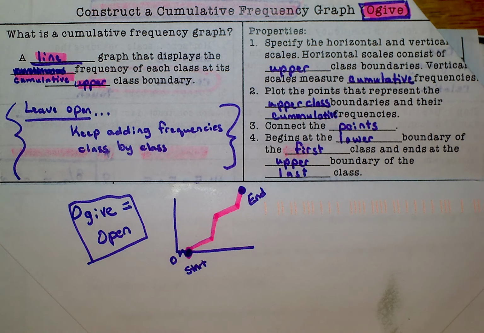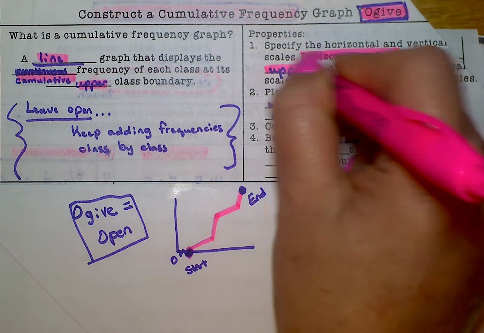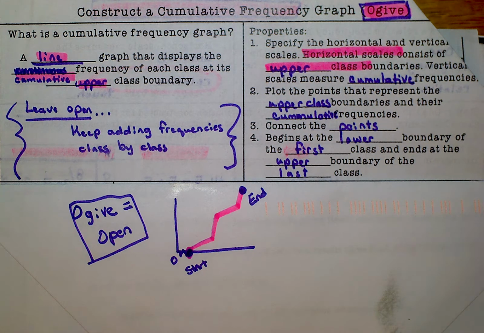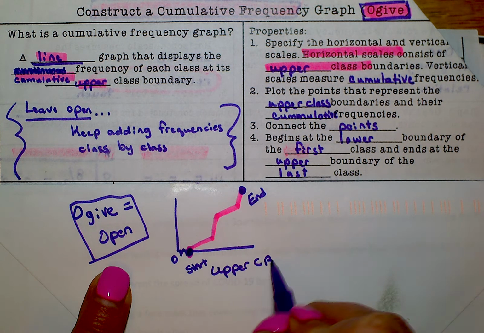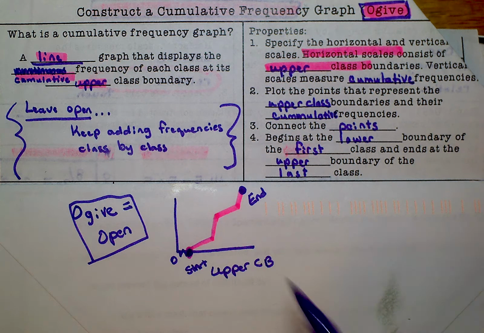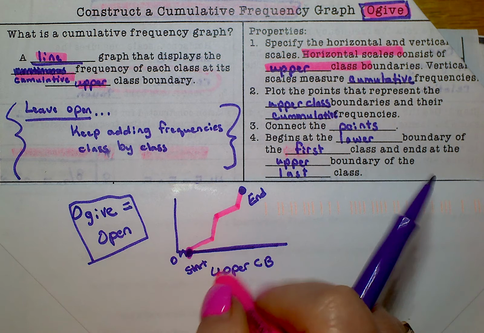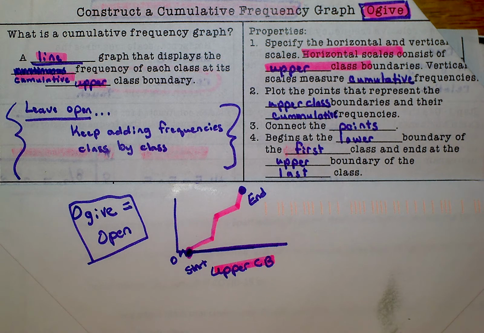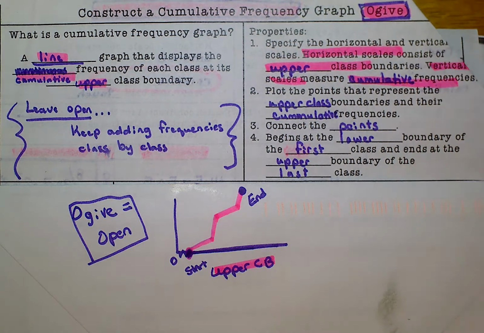Now, specify the horizontal and vertical scales. The horizontal scales are going to be the upper class boundaries. So for the horizontal scale, you're going to put the upper class boundaries. So that's going to go on this axis right here. The vertical scales is going to be the cumulative frequency. Okay.